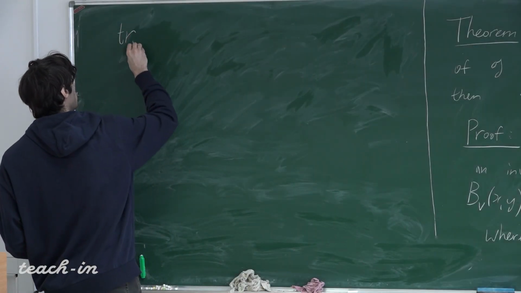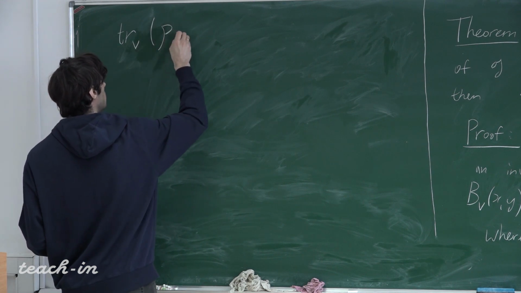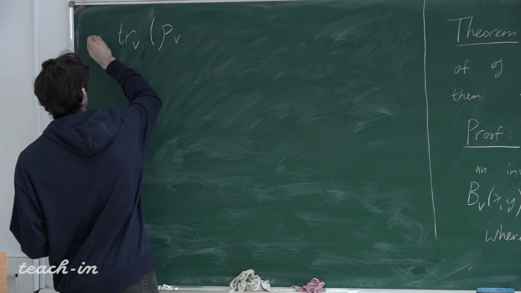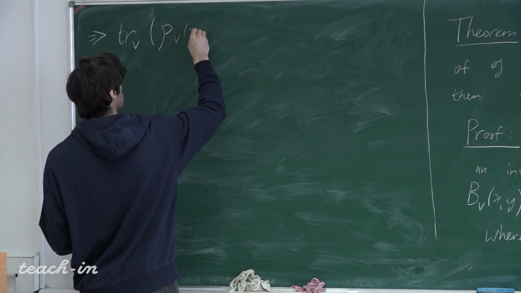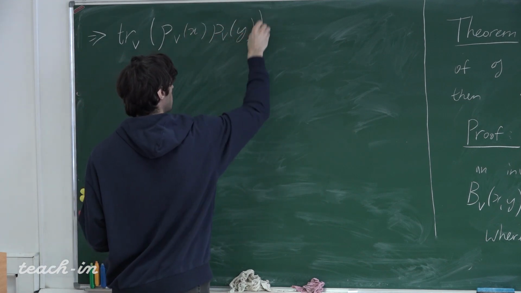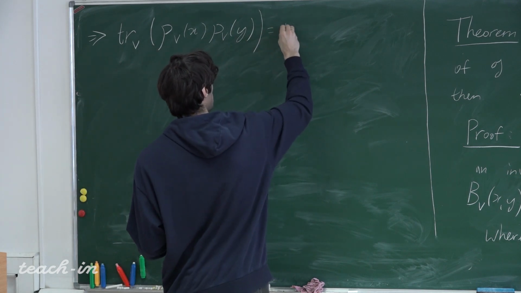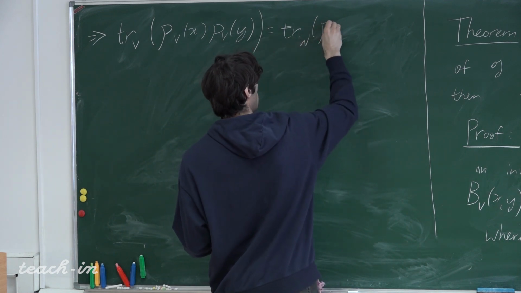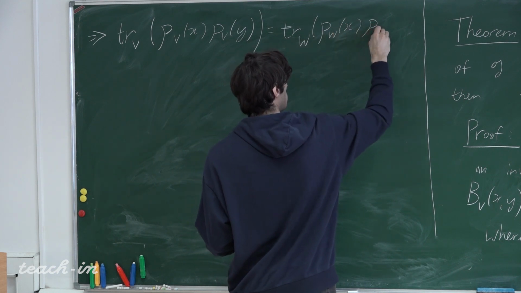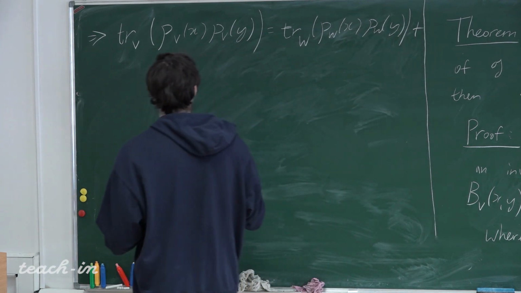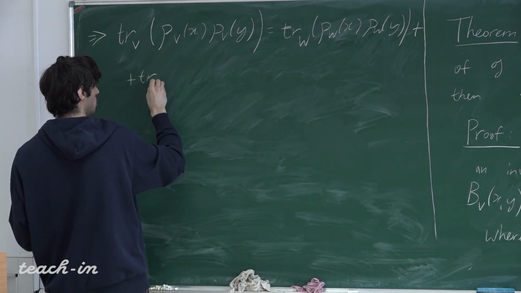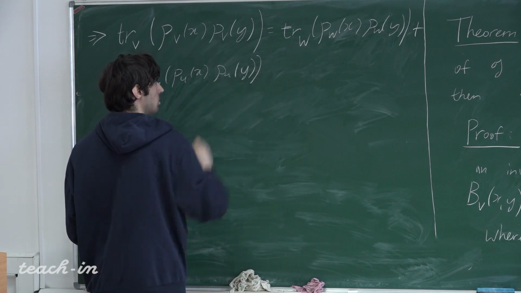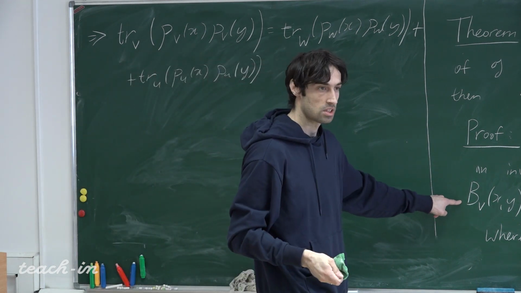The trace over V of rho V of x, rho V of y is the same as the trace over W of rho W of x, rho W of y, plus, because of these blocks, the trace over U of rho U of x, rho U of y. So the claim follows.